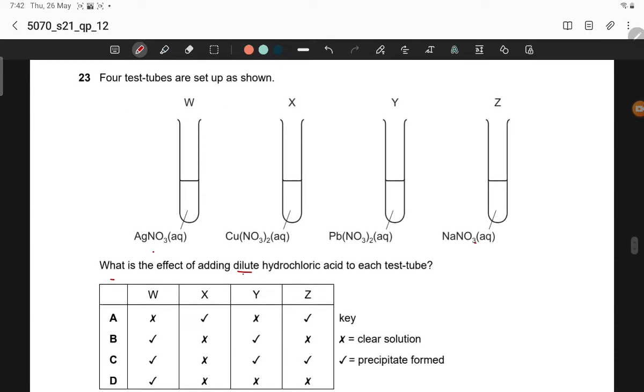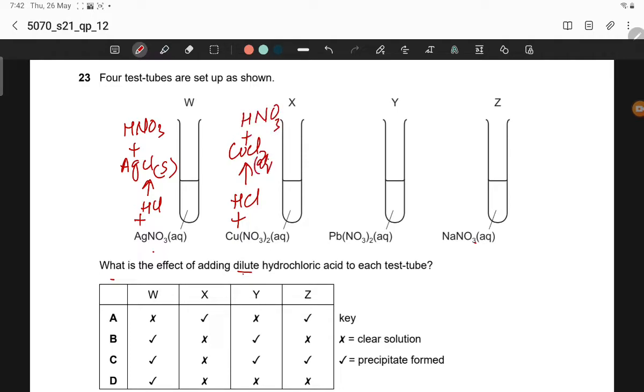Four test tubes are set up as shown. AgNO3 plus HCl gives white precipitate, AgCl plus HNO3. Copper solid plus HCl, CuCl2 plus HNO3.